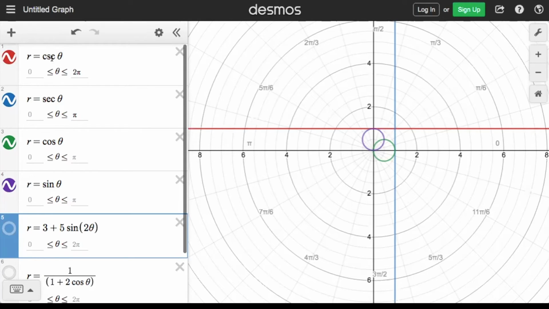And of course, it's not too surprising either, really. I mean, let's look at this for a second. We start out with r is equal to secant of theta.